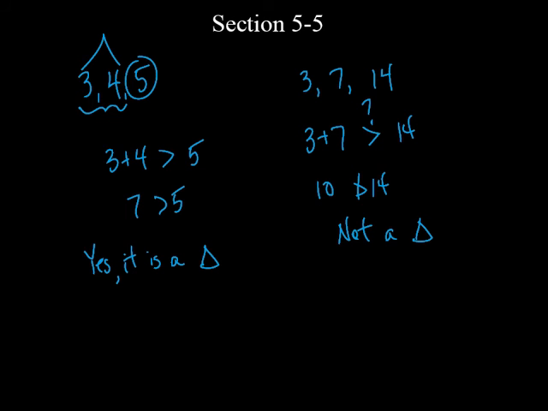Okay, let's say you had a triangle, but you only knew two sides of the triangle. Let's say you had 3 and you had 7. All right. What is your range of possibilities? What is the range of possible sides for your third side?